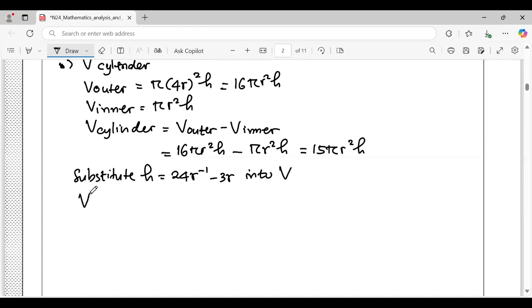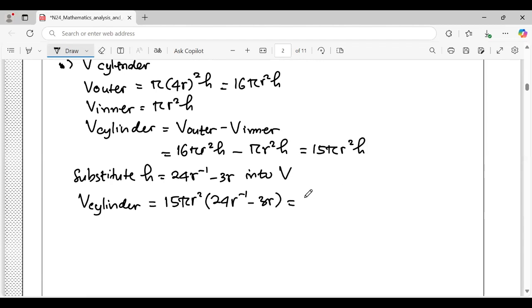So volume becomes volume cylinder equal 15 pi r squared times 24 r power minus 1 minus 3r.